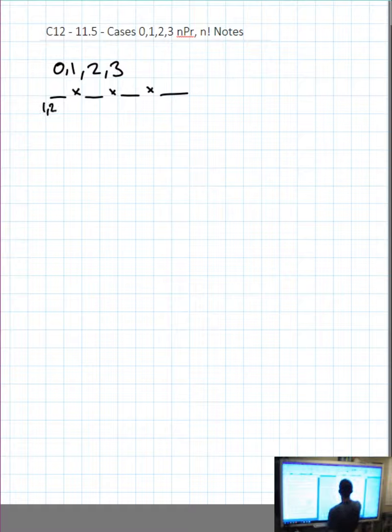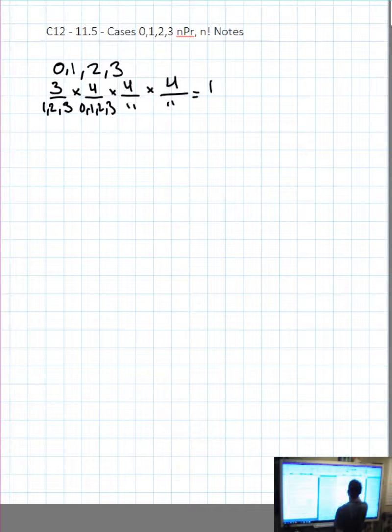So it can only be 1, 2, or 3, and that's 3 examples. But now it can be 0 again. So it can be 0, 1, 2, or 3. That's 4 examples. And again 4, and again 4. And that is 192. 192 different numbers that we can make.